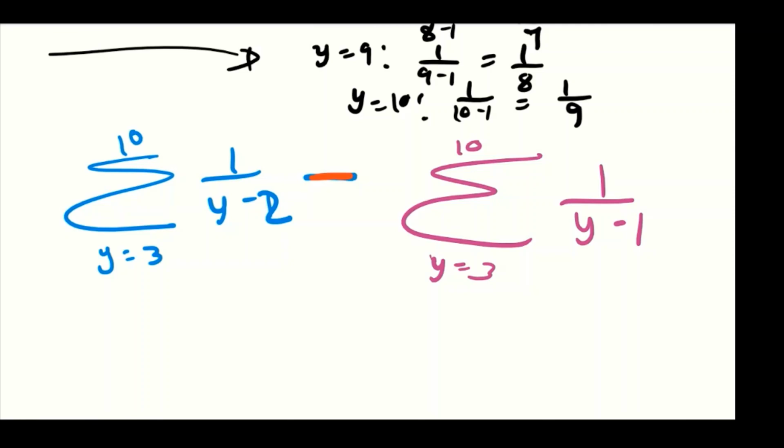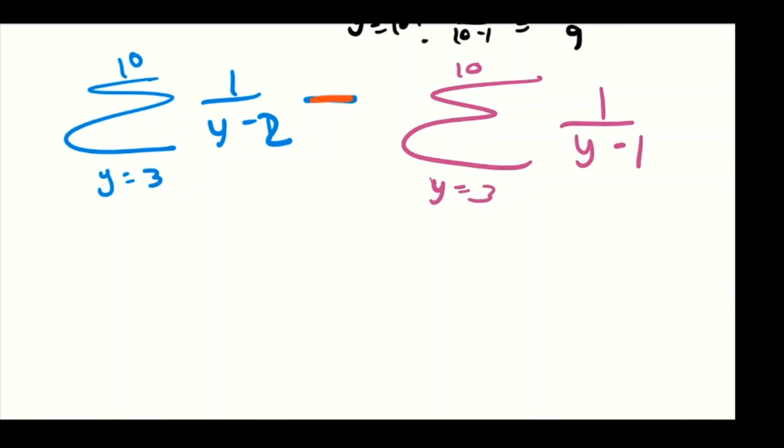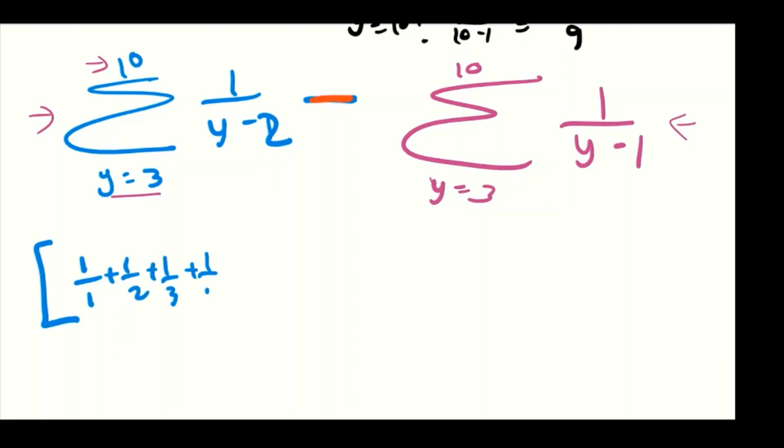So we already identified all the terms from y is equal to 3 up until 10, right? For this part here and also for this one here. So let me write for these ones here. We found 1 over 1 plus 1 over 2 plus 1 over 3 plus 1 over 4 plus 1 over 5 plus 1 over 6 plus 1 over 7 plus 1 over 8.